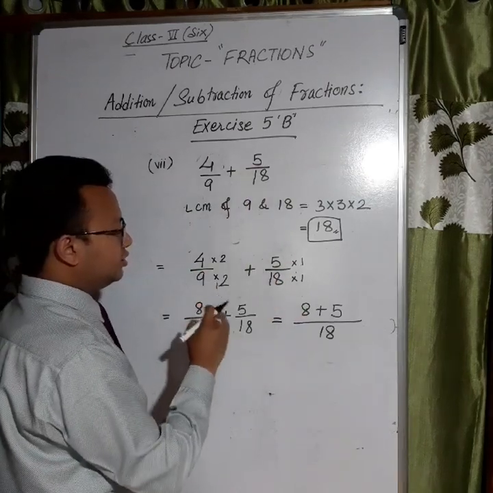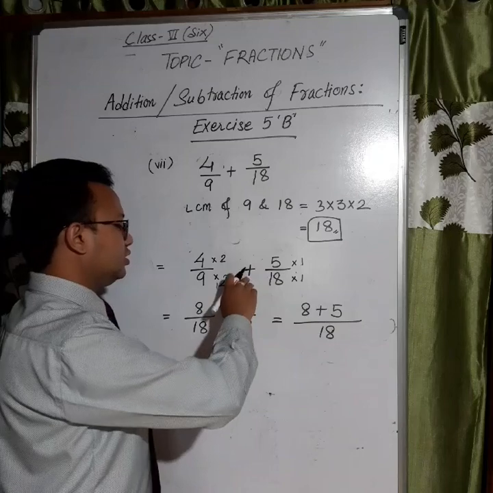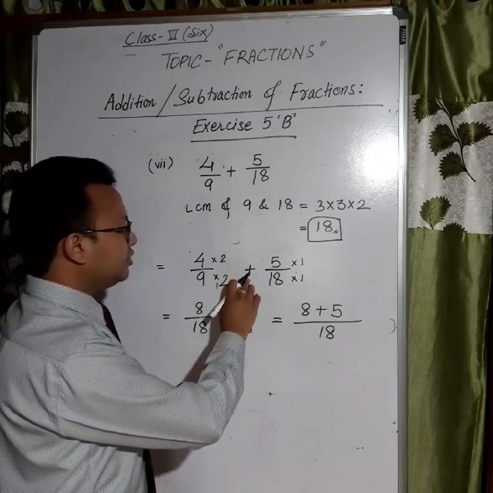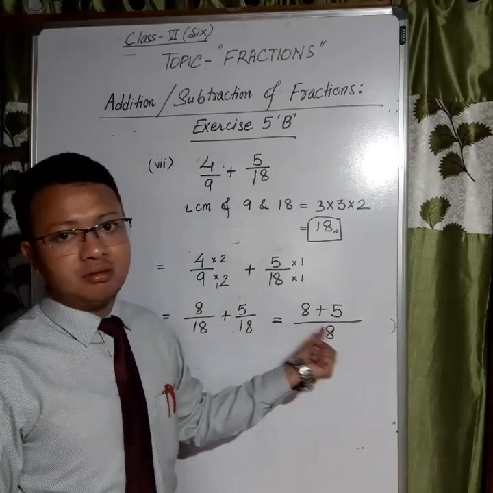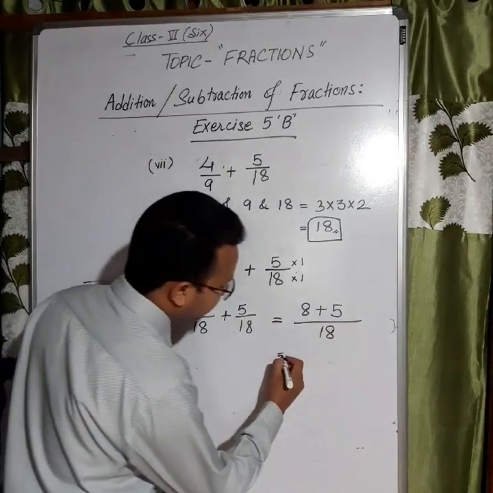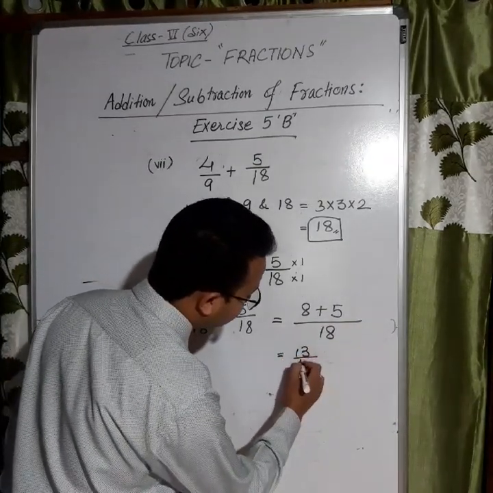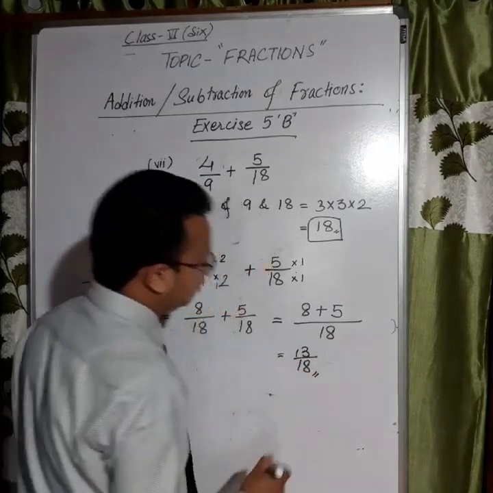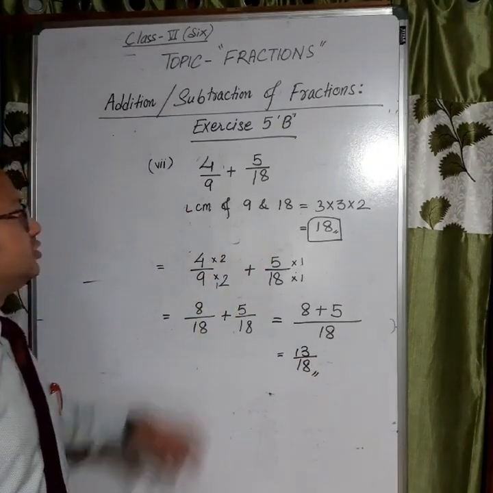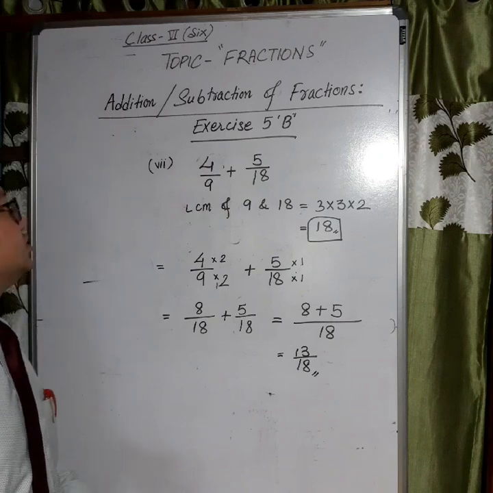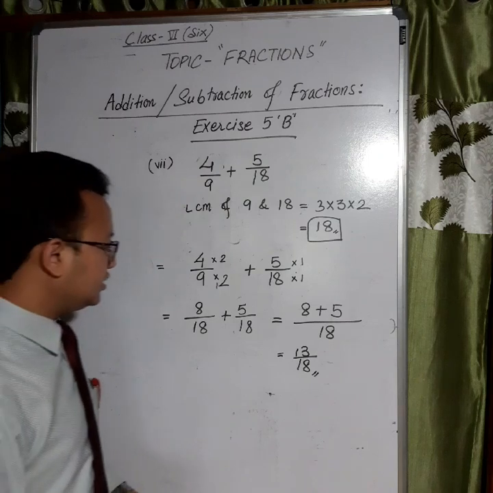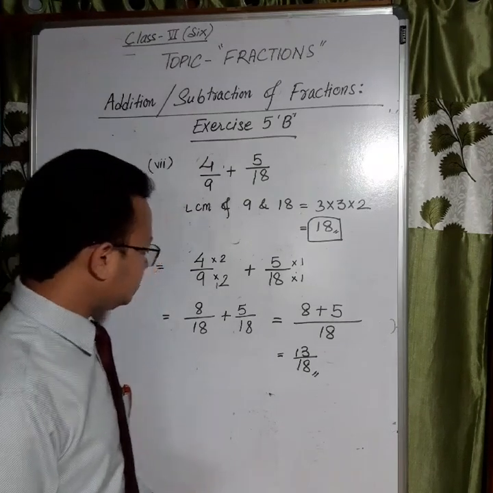The only thing is that you need to change the sign to negative, and subtract instead of adding. Alright, so 8 plus 5 gives you 13 upon 18. So 13 by 18 is the answer.